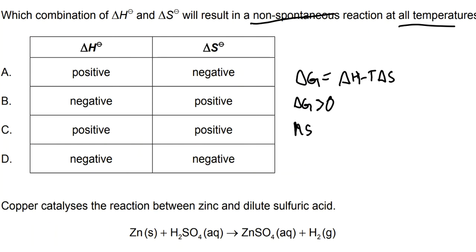And delta G being positive means that delta H is going to be positive as well. Since we're subtracting T delta S, the negative delta S takes the negative off and will be positive. So we're going to get this delta H as positive as we can to find when it's non-spontaneous. So the negative will be the answer. So A is the correct answer.